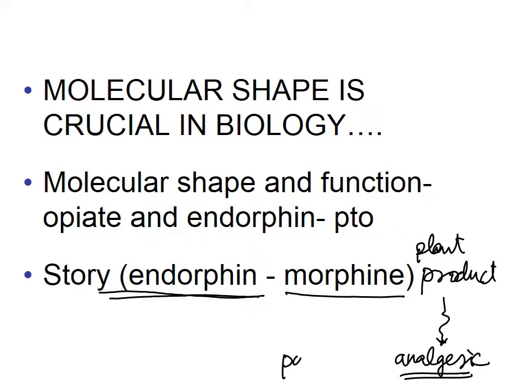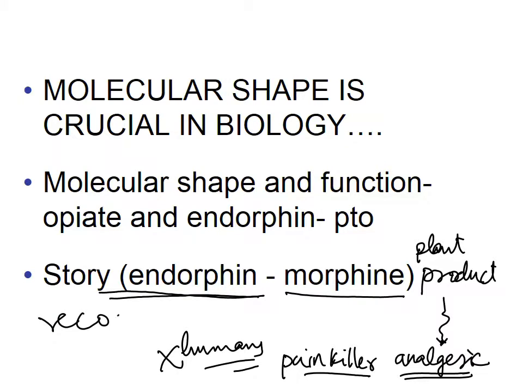Why is it like a painkiller? It is not made by humans. Why is it recognized by humans? To understand that, you have to look at the structure of endorphin and morphine.